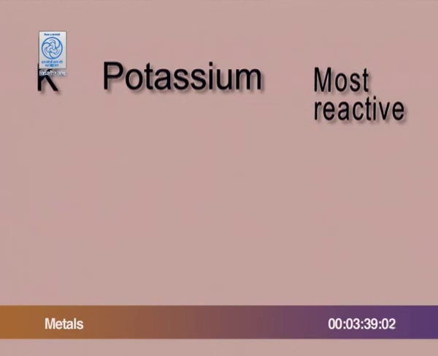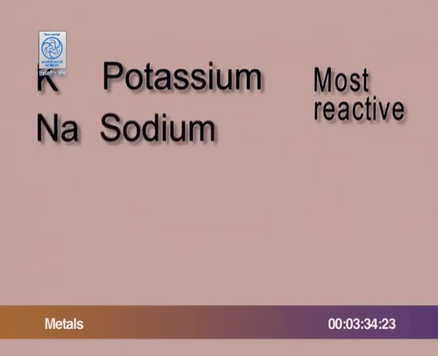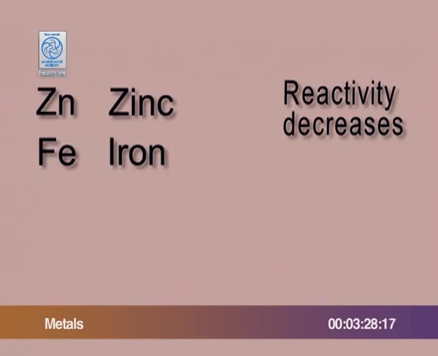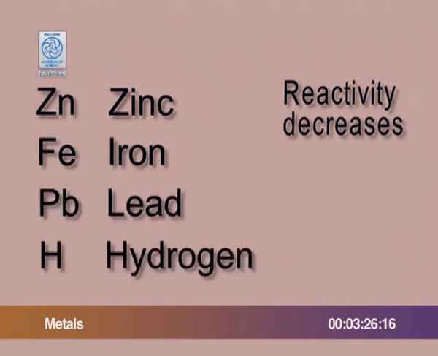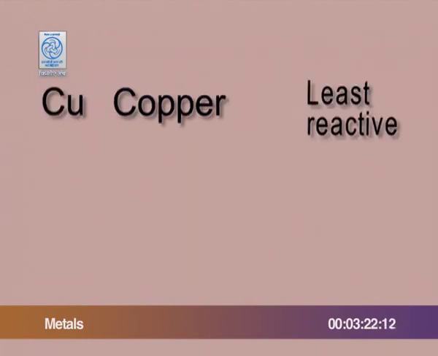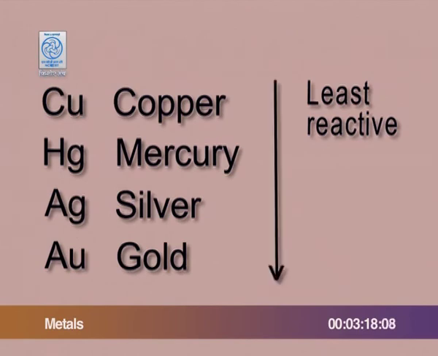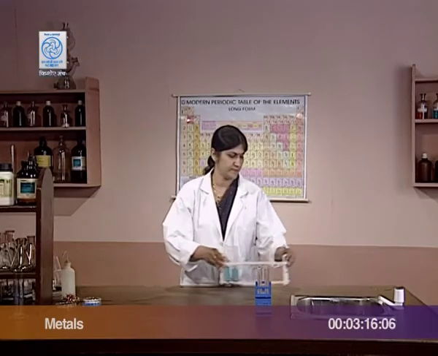Potassium is most reactive and is followed by sodium, calcium, magnesium and aluminium. Zinc, iron, lead and hydrogen are the next lot. Copper, mercury, silver and gold are at the lowest rung.